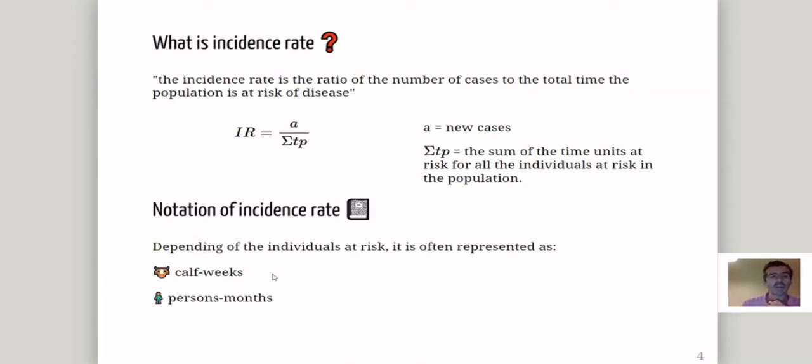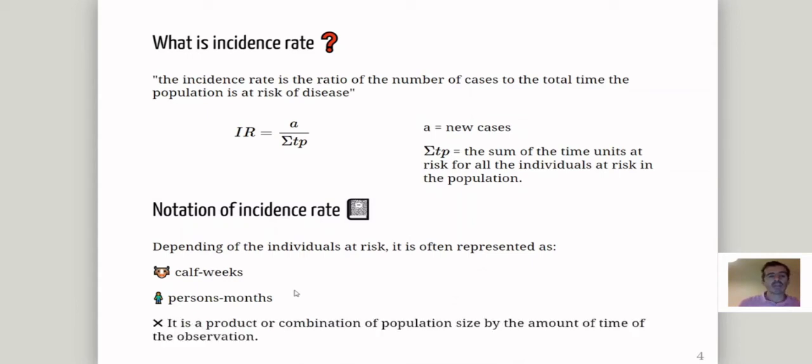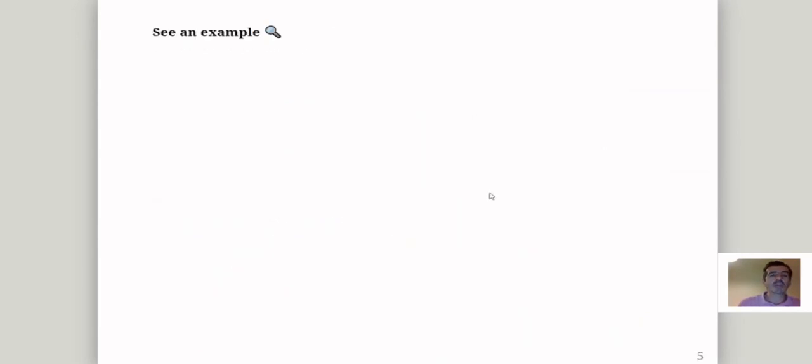It can also be that we are talking about people, and then the notation will be person-months, can also be person-years, even person-minutes or days. So it depends on the kind of study in which we are measuring the incidence rate. And this is a combination of the population size by the amount of time of the observation. This will be clearer now because we will look at two examples.